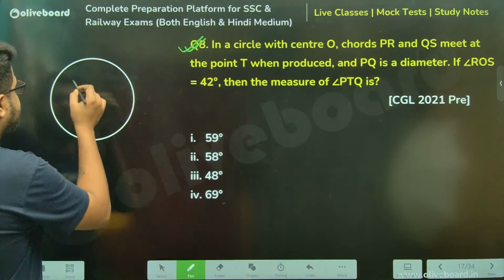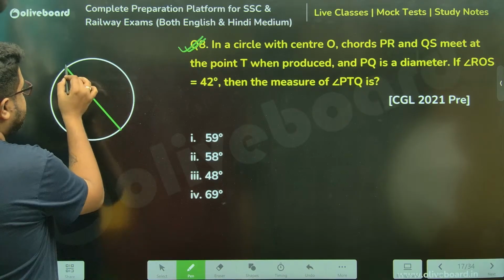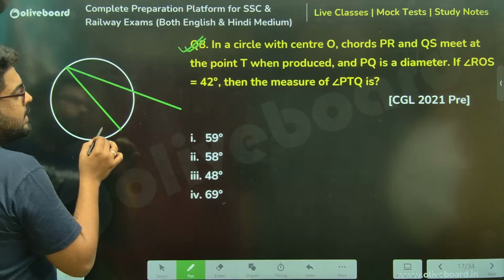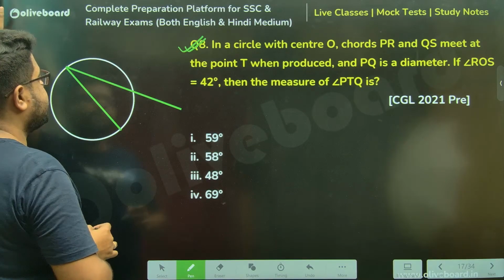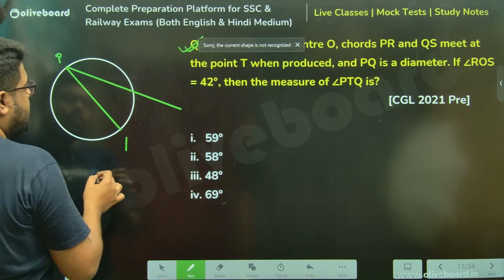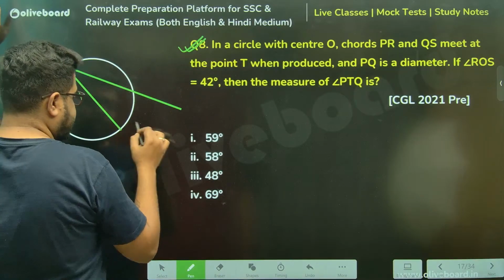First of all, you draw PQ. This is your PQ. Then PR and QS. This is P, this is Q. QS will be like this.